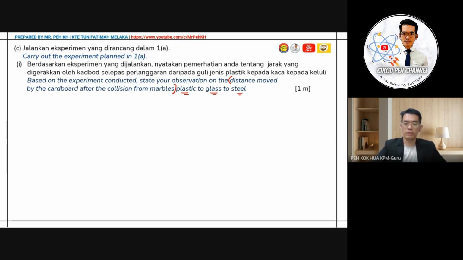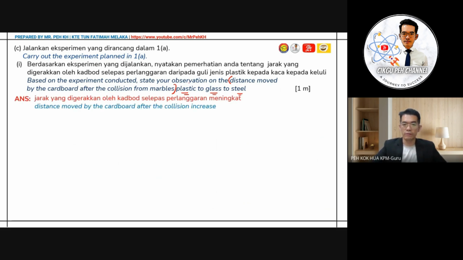So here the first mark question asks about what you can observe, right? The distance moved by the cardboard actually increases from the plastic marbles to the steel. So the answer will be increased, then you can get the first mark. This is just going through the figures you got in the tabulation just now.